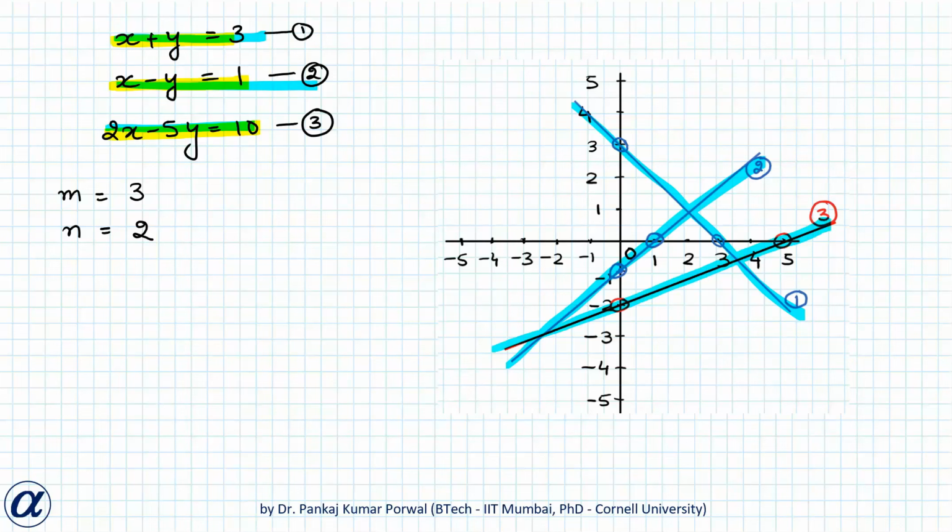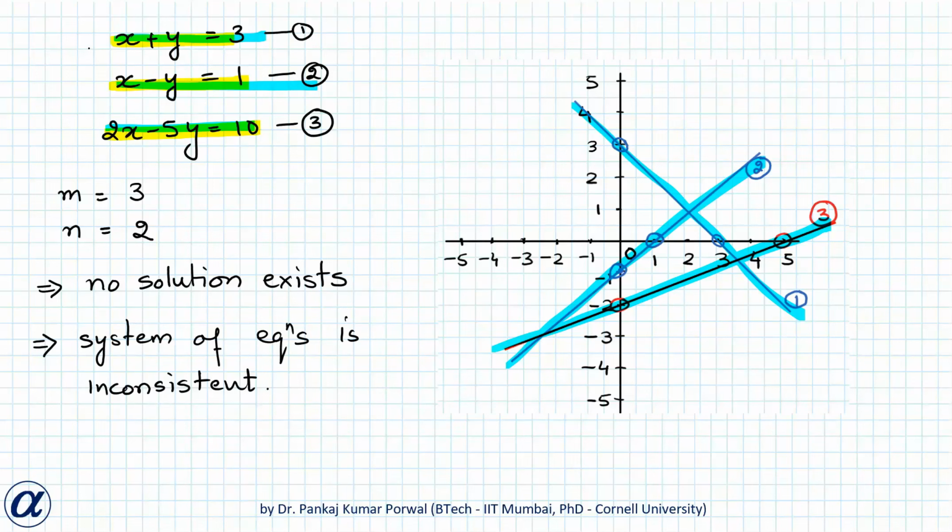And because the solution of a system of equations in two unknowns is a pair of numbers x and y that satisfy all three equations, and because on these three lines we do not have any common point which satisfies all three lines, there is no pair of x and y that will satisfy all three equations of this system simultaneously, and hence we do not have any solution, and that implies that the system of equations is inconsistent.